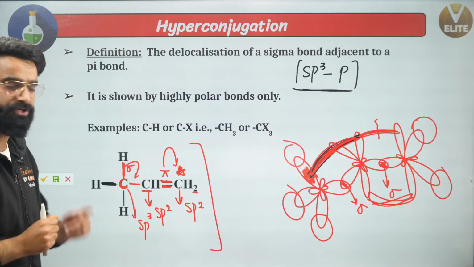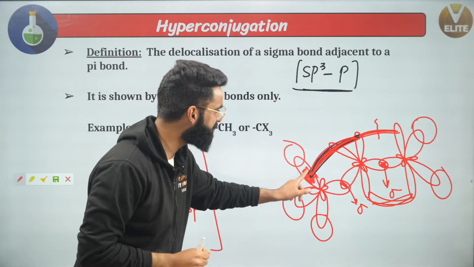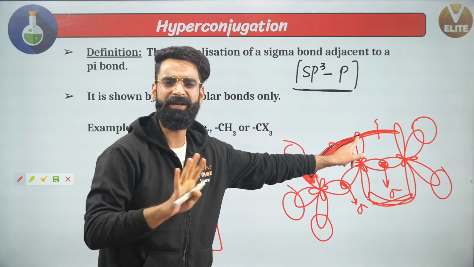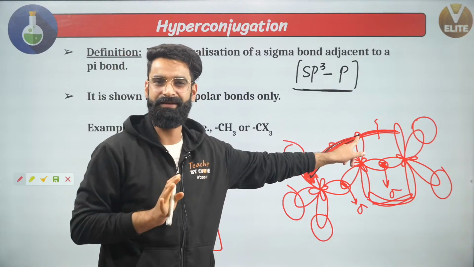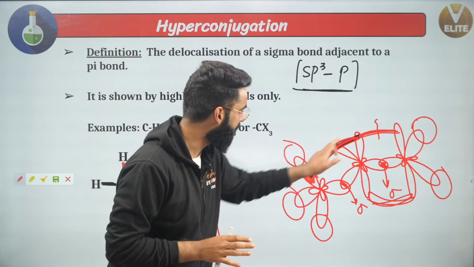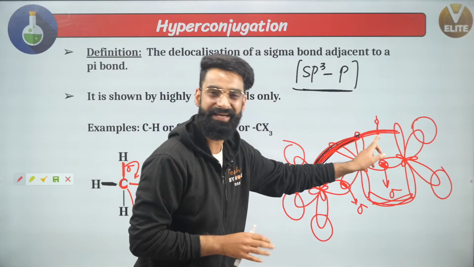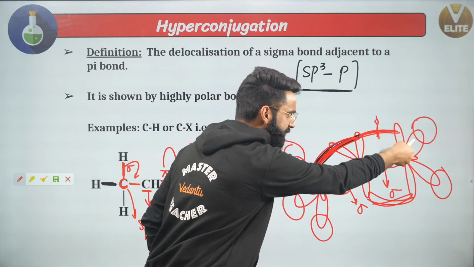One thing I want you guys to remember: since it's sp3-p overlap, which is not very effective, the extent of the overlap is very, very less. But due to this overlap, this bond is going to get weakened and this bond breaks in this direction.